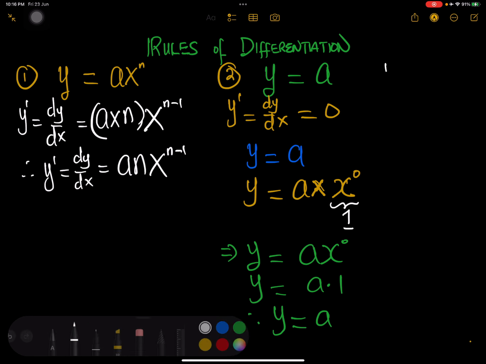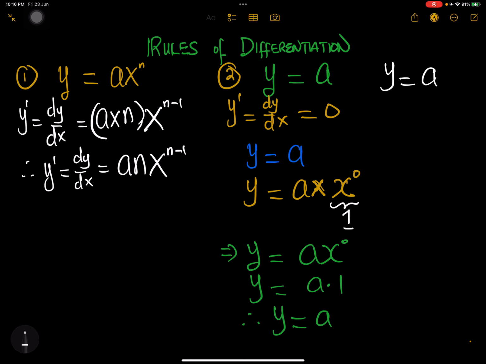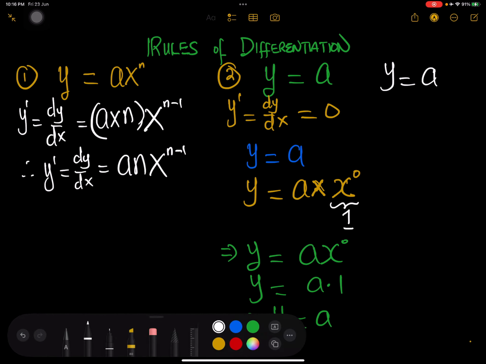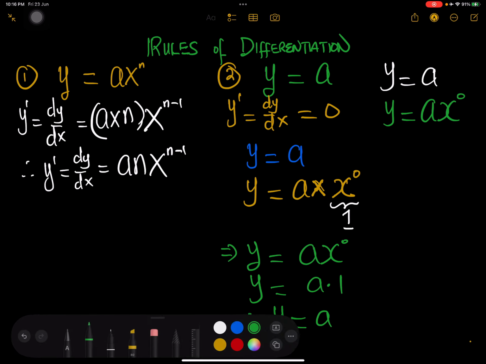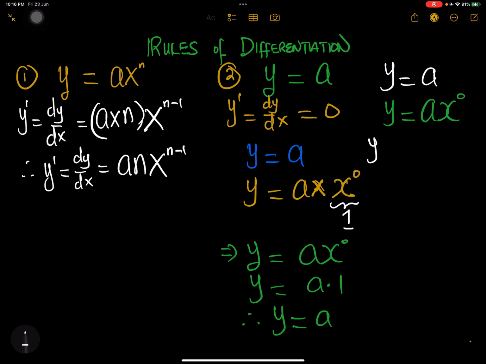So if that's the case, then we can say that our y, which is equal to a, is the same as our y being equal to a multiplied by x to the power of 0. And if that's the case, our y prime or our dy dx is going to be, we are going to use the first rule, a multiplied by the 0, times x to the power of 0 minus 1.